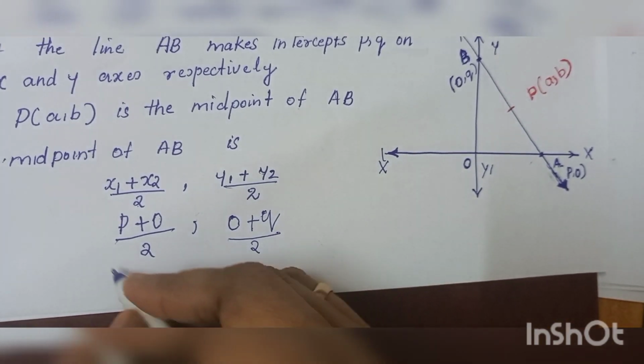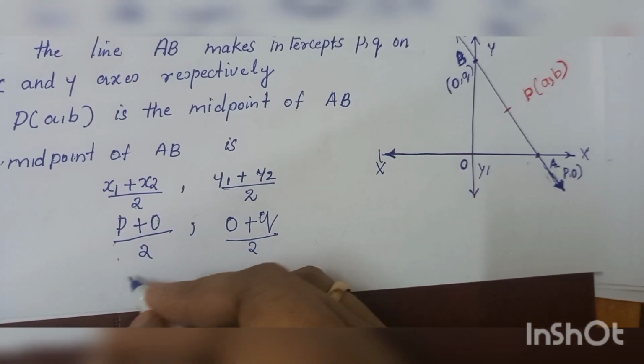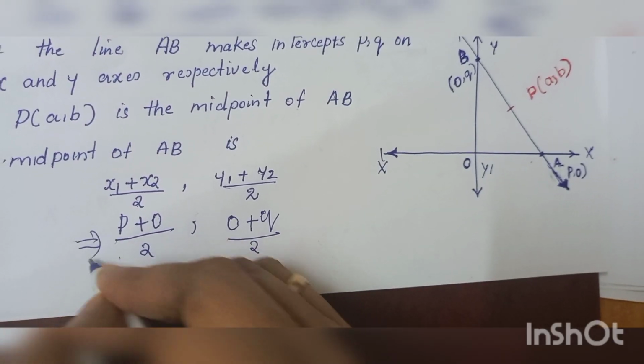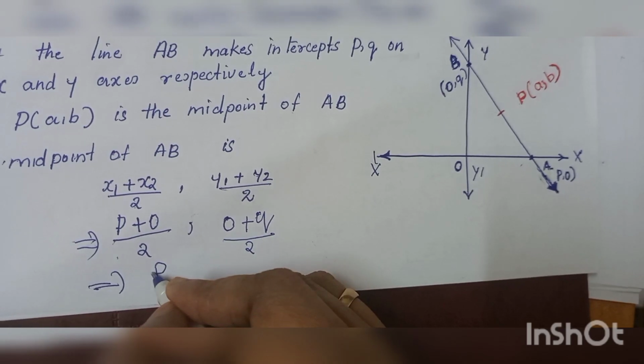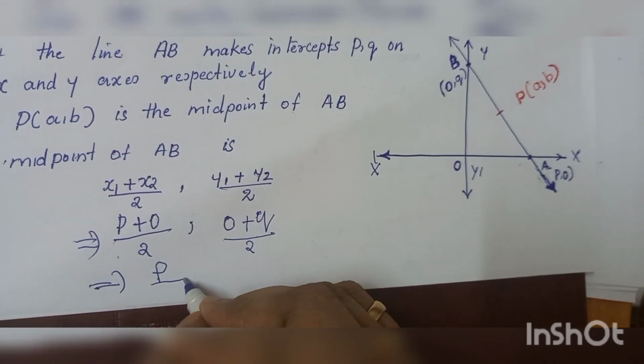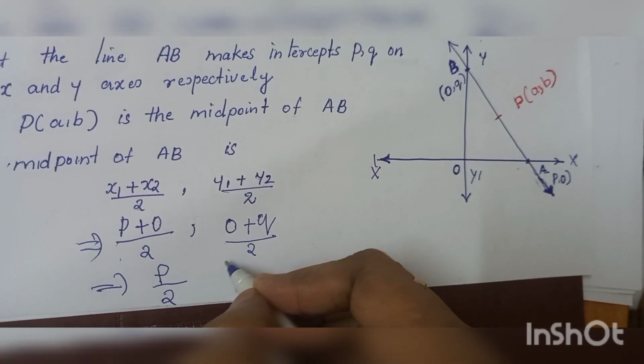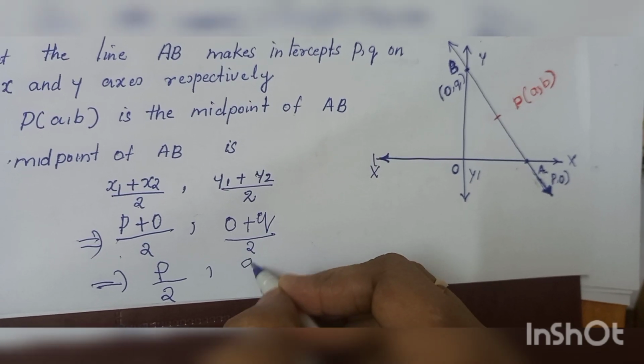So the midpoint is p plus 0, which is p only, p by 2, comma, q by 2.